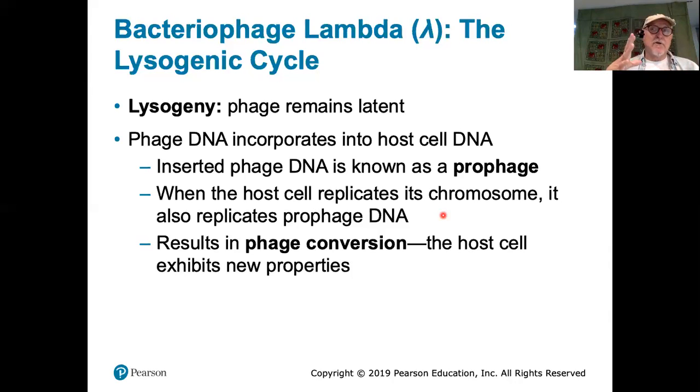As the population increases and clones itself, it also clones the viral genes that are present in the genome. And this means that the genome is now a hybrid. It has bacterial DNA genes, but it also contains the viral DNA.